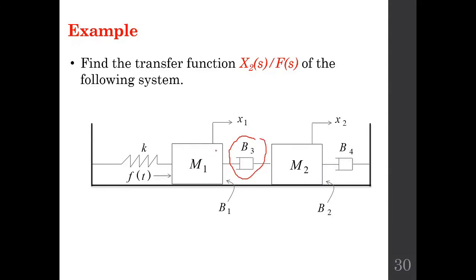So there will actually be four opposing forces on this m1: one due to this spring, one due to this dashpot, and one is this frictional force of the surface. Then there is an inertial force of this body as well. So this is your homework. You need to solve this problem to find the equations of motion of bodies m1 and m2, and then you also have to find the transfer function x2 of s divided by f of s.